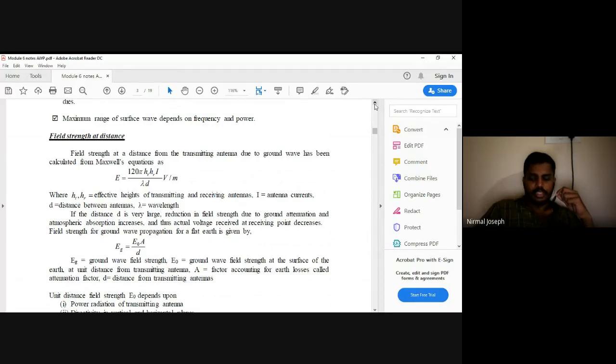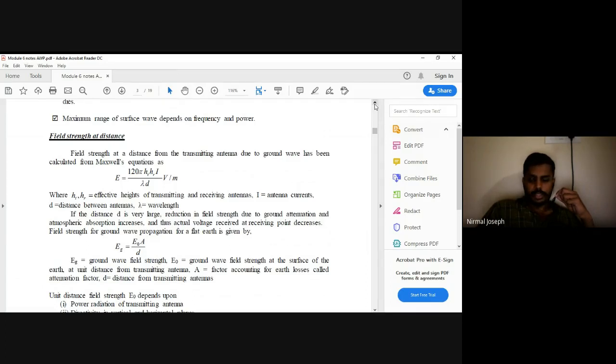As far as our syllabus is concerned, we just need to remember it. Field strength at a distance is given by E is equal to 120 pi HT HR I over lambda d, where HT and HR are the heights of the transmitting and receiving antennas, I is the antenna current, d is the distance between the antennas, and lambda is the wavelength.